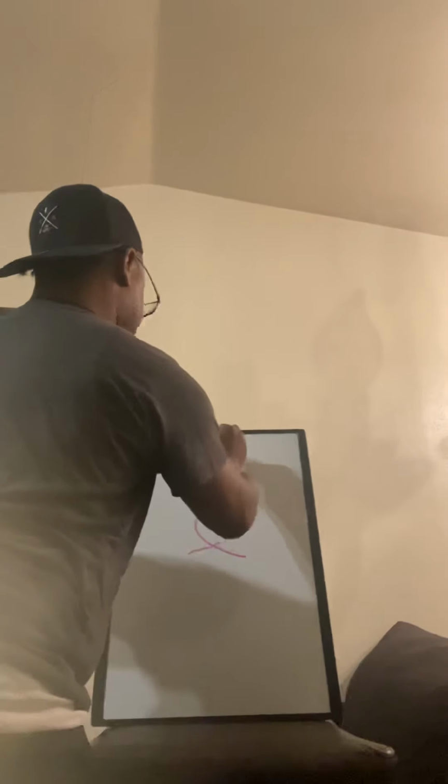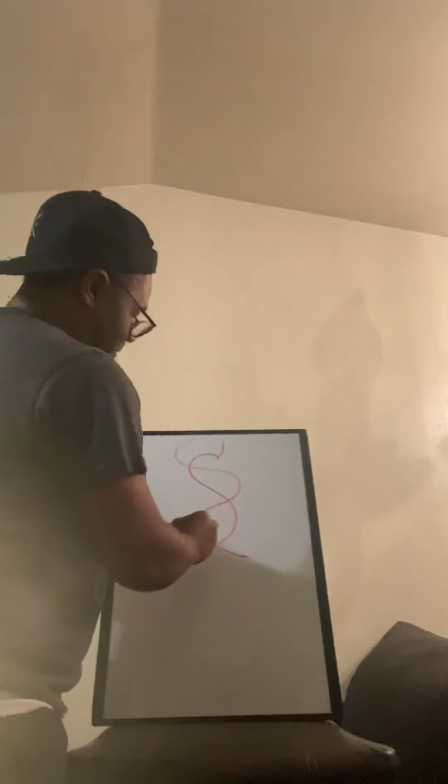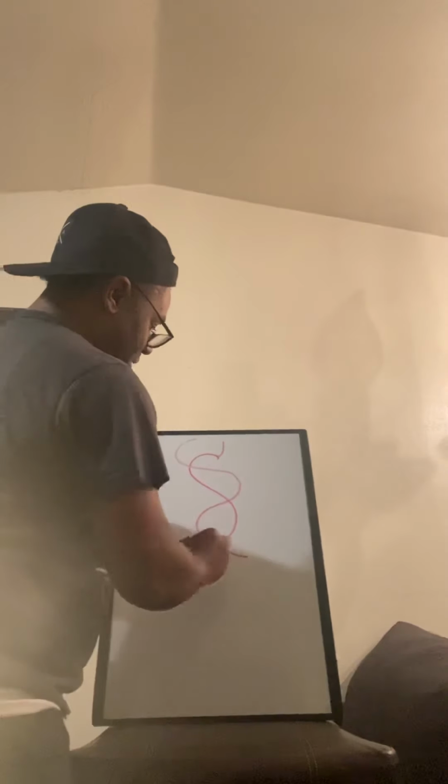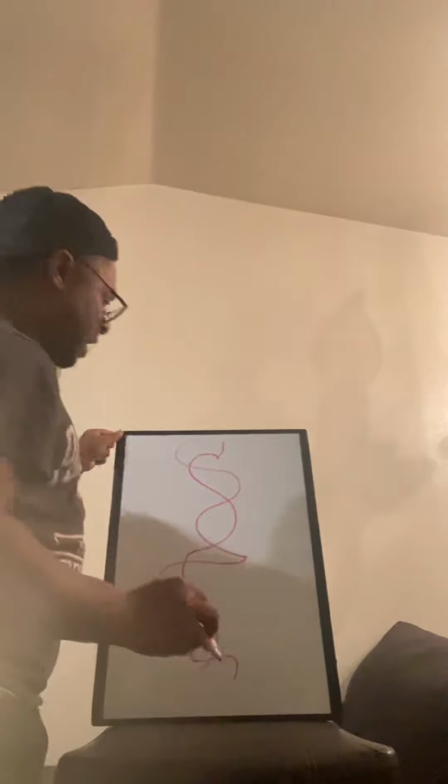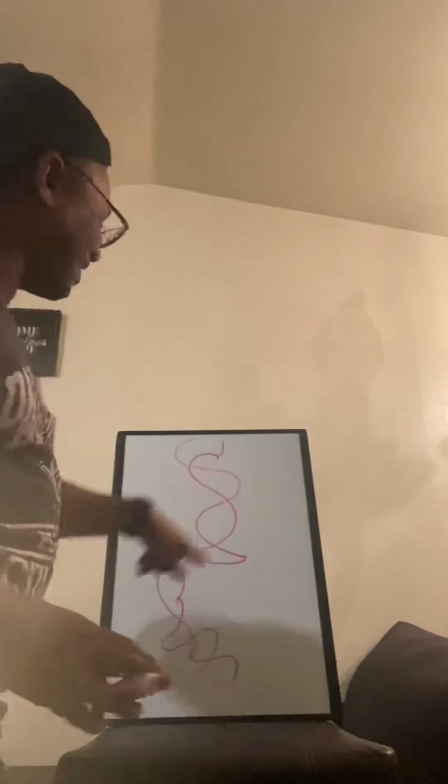It's like a strand that is made up of the DNA coding. It usually looks something like this, like a spiral strand. Excuse my illustration, but that's as good as it's going to get today.